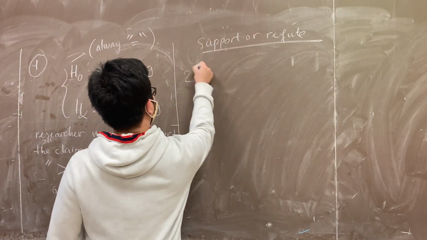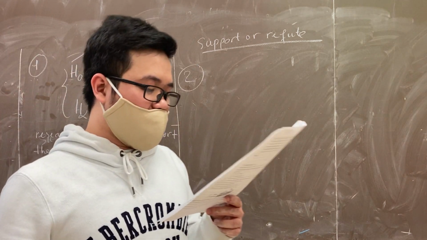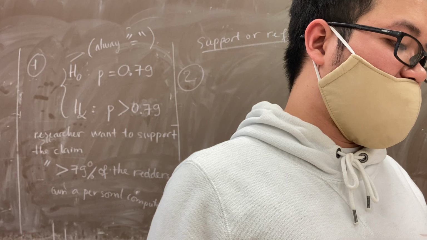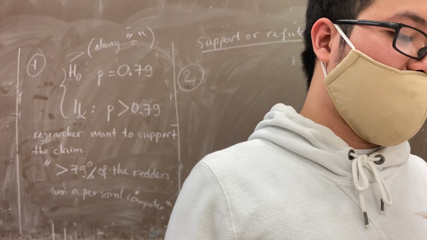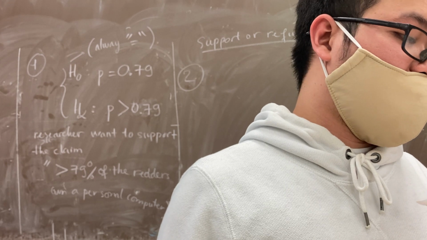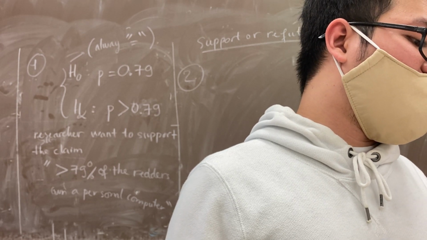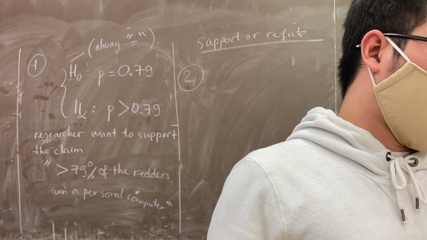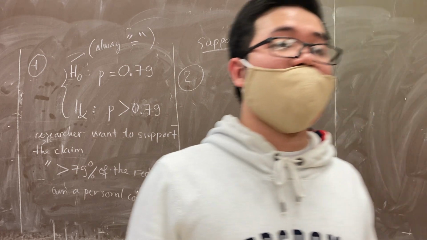Okay. Now we move on to question 2. The newsletter publisher believes that 33% of their readers own a Rolls Royce. We want to find evidence to refute the publisher's claim. State the null and alternative hypothesis in this situation.